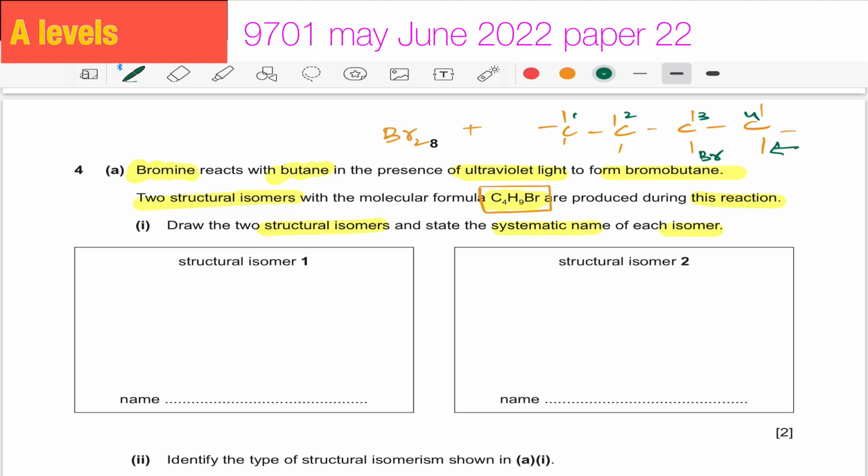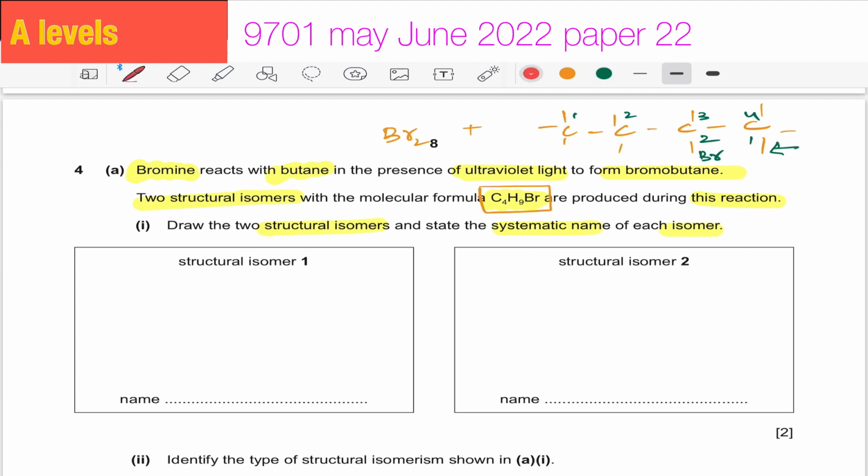So in that case, we would name the structure from the right hand side and it would be 1, 2. So again, it would be 2-bromo. So that means from butane, when we do a mono substitution reaction and we get C4H9Br, we only get 2 structural isomers, and that would be 1-bromobutane and 2-bromobutane.